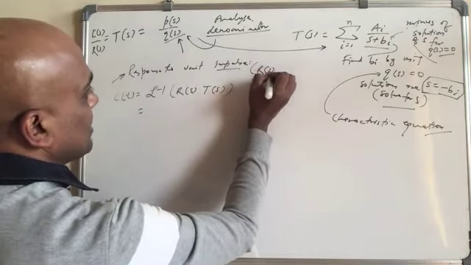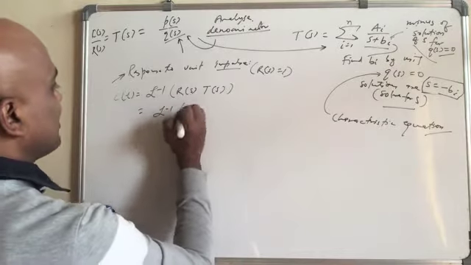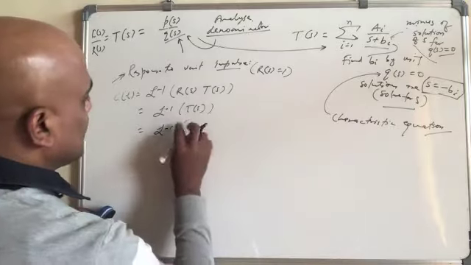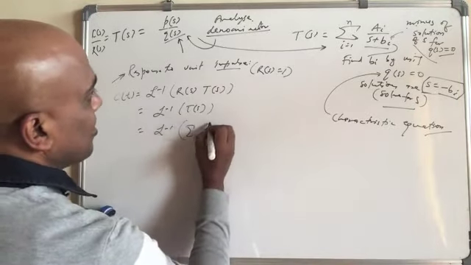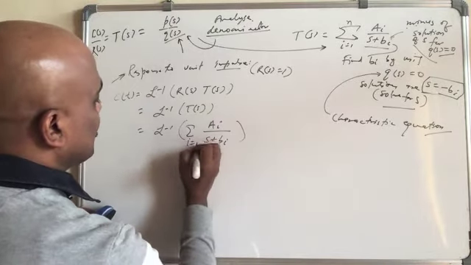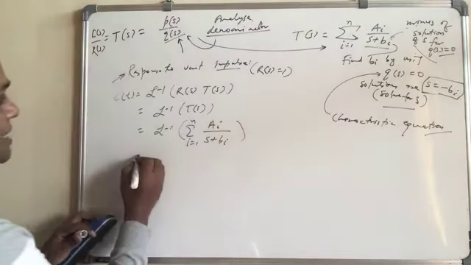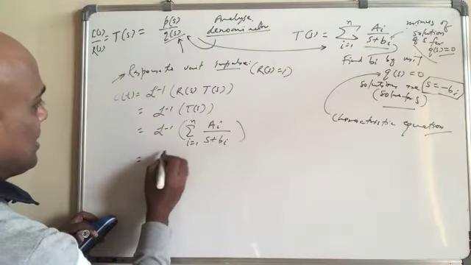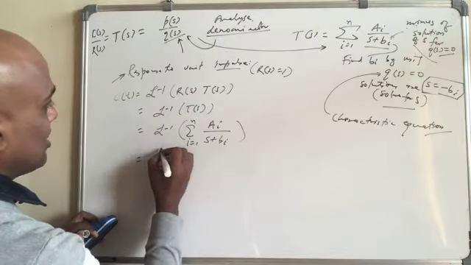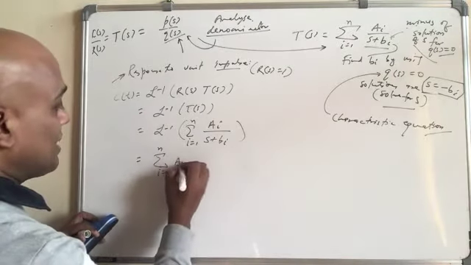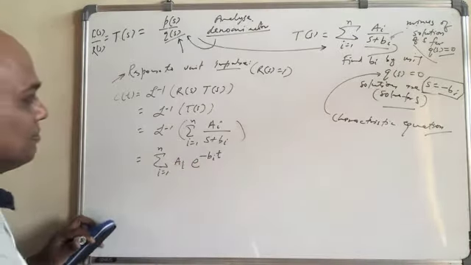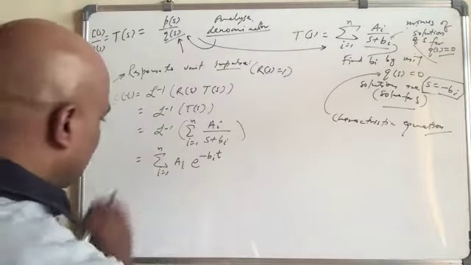So we are talking about L inverse of T(s), and we get the summation of Ai over s plus Bi, i equal to 1 to n. And as we know, the solution is the summation i equal to 1 to n of Ai times e to the power minus Bi t.